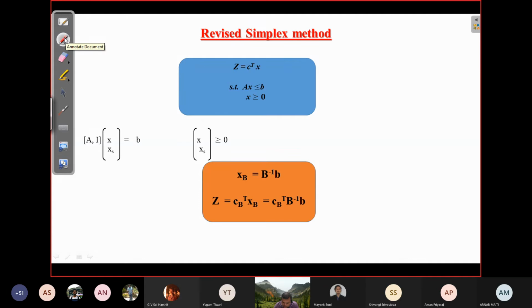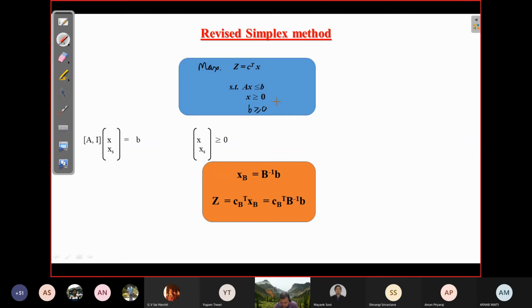Let us again talk about the standard form, because once we understand the standard form, extending it to non-standard forms will be easier, and we have already seen how to do that. So this is the standard form: a maximization type objective function subject to Ax less than or equal to b, x greater than or equal to 0, also b greater than or equal to 0.